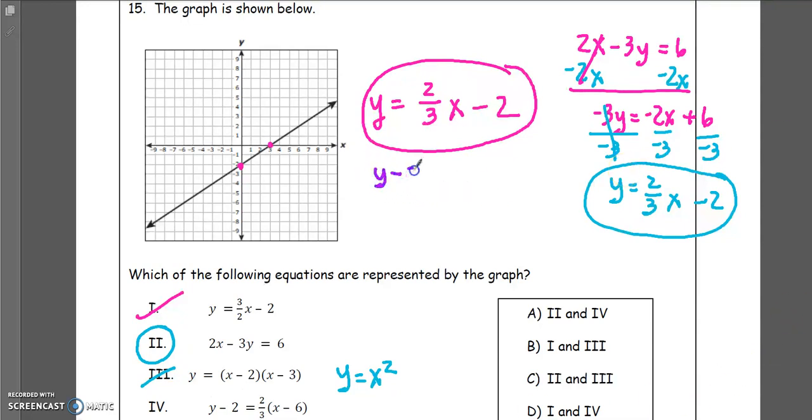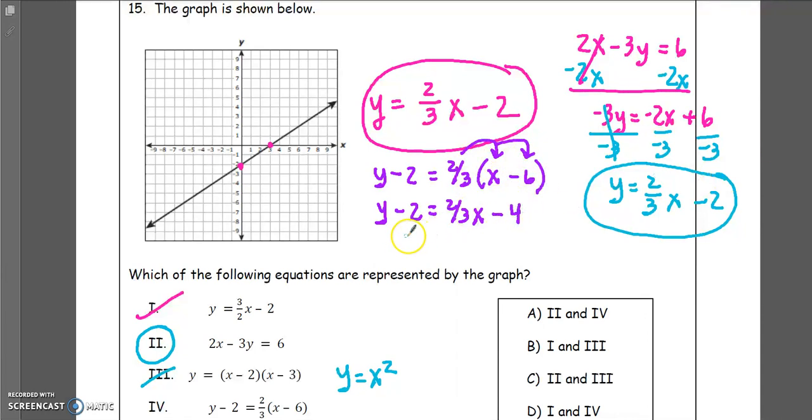And so then if we look at number 4, again, let's rearrange it a little bit. We have y minus 2 equals 2/3 times x minus 6. So let's eliminate the parentheses. So I have 2/3 x minus 2 times 6 is 12, divided by 3 is 4.